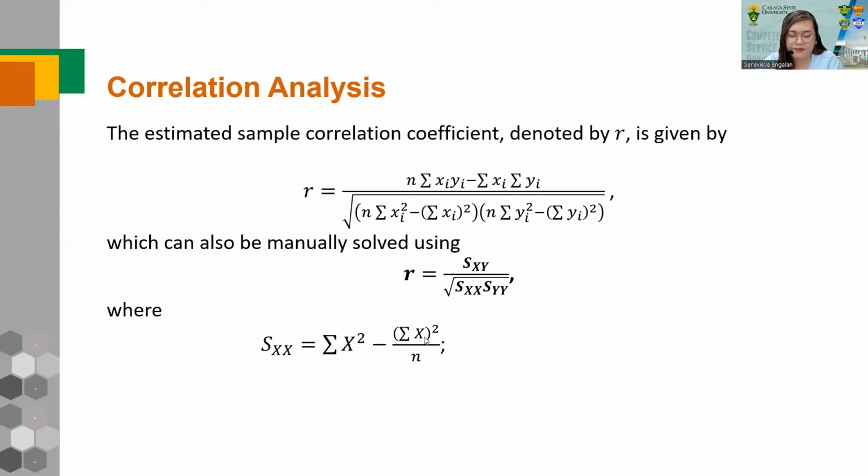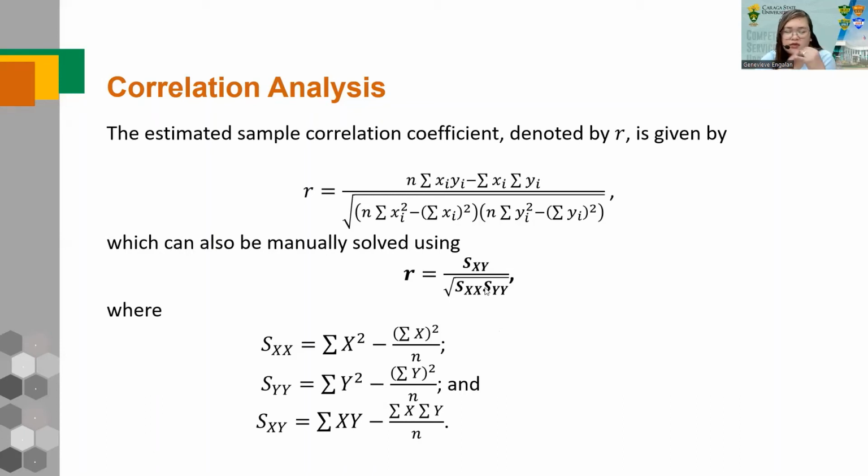Pila ka buok. Okay, we also have Syy, which is equal to the summation of y squared minus summation of y quantity squared over n. Tapos ang Sxy is just equal to the summation of x times y minus summation of x times summation of y over n. So, ingon ana lang, mas dali siya memorizon.